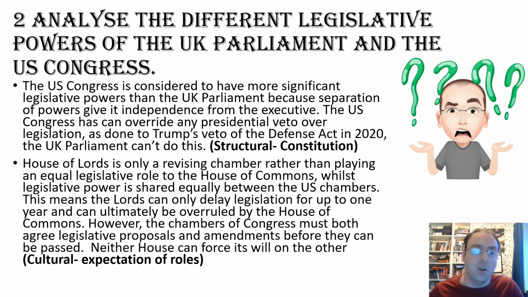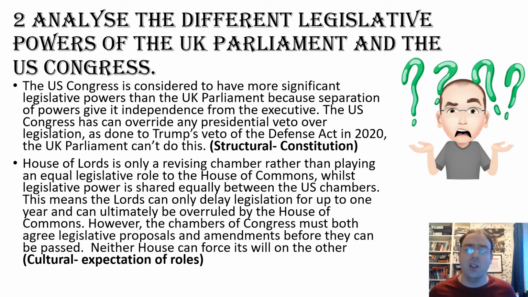The US Congress can override any presidential veto over legislation, done most recently over Trump's veto of the Defence Act in 2020. The UK Parliament simply cannot do this, and this is a structural issue. It's down to the setup in the Constitution, so you could look at that using the structural approach.